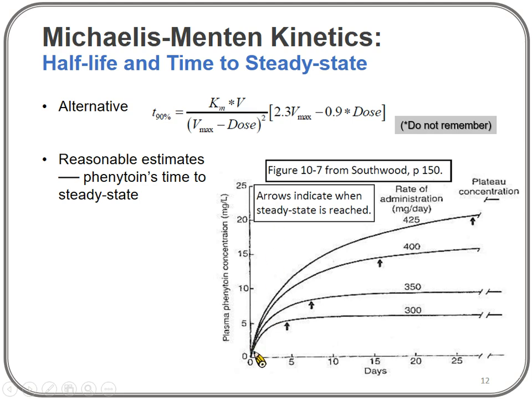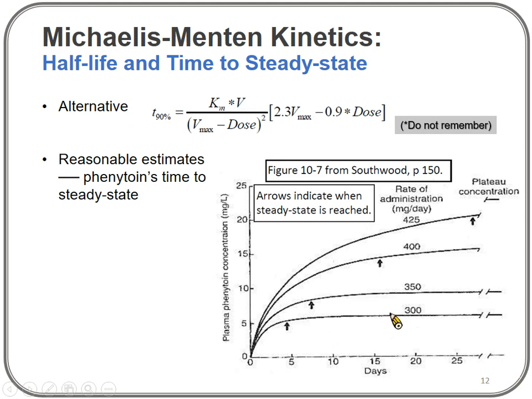And these different curves stand for different daily doses of phenytoin, from 300 milligrams up to 425. And as we can notice here, for the lower daily dose of phenytoin, such as 300 milligrams, the concentration gets to its plateau stage at near 4 to 5 days.